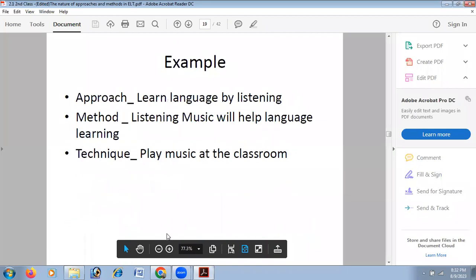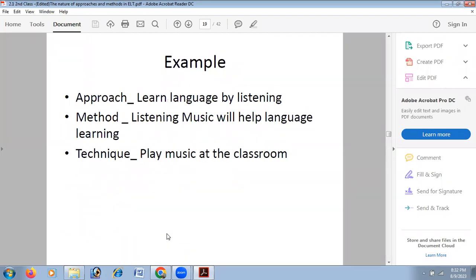Let's have an example that will make your idea clear. So what is the approach? We learn language by listening. That is the approach. If we admit that, what is the method?